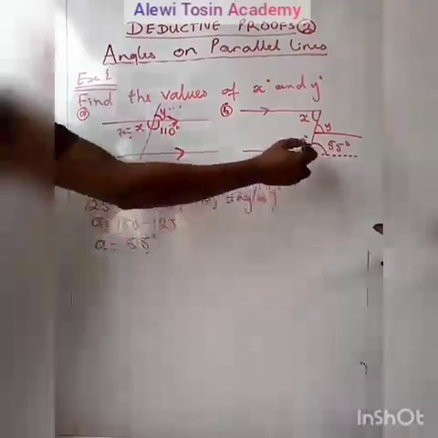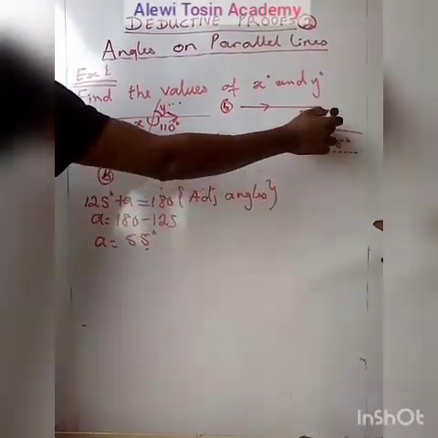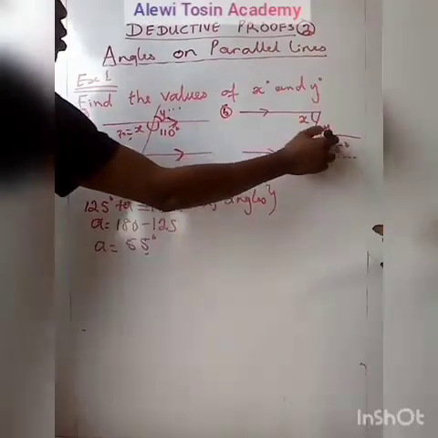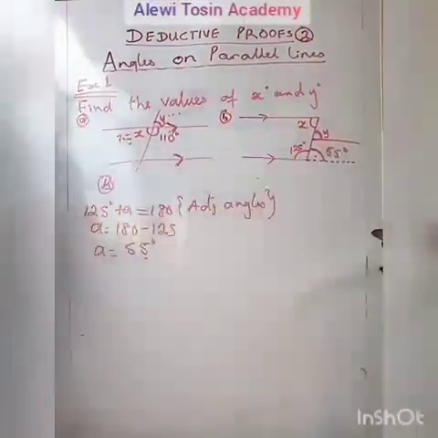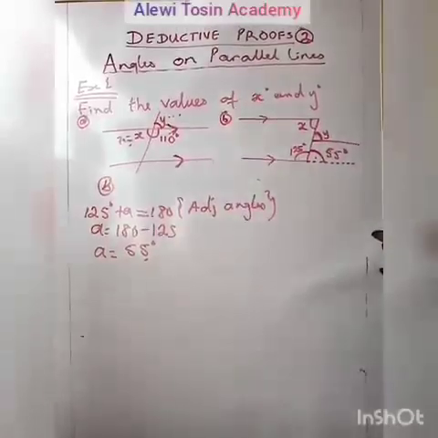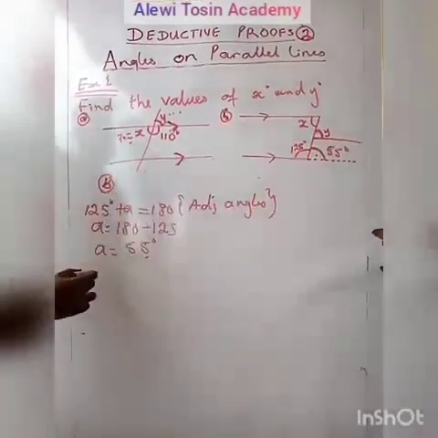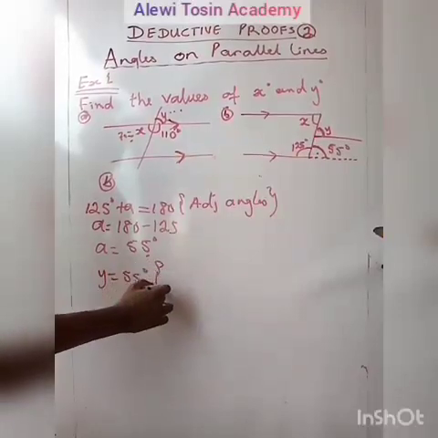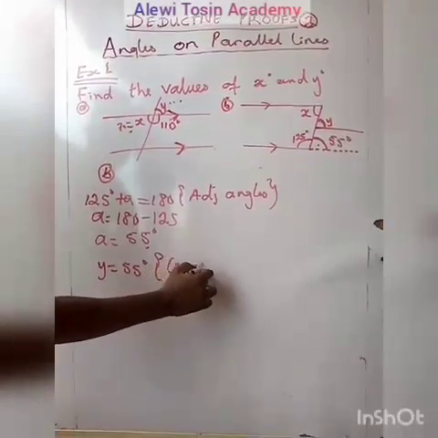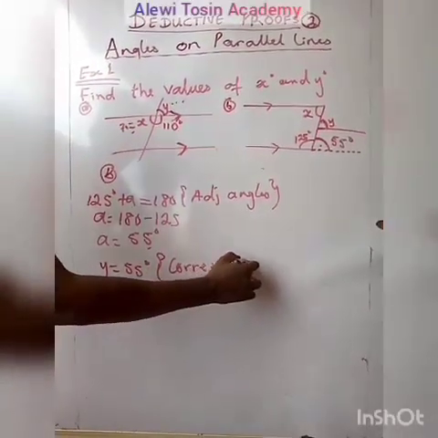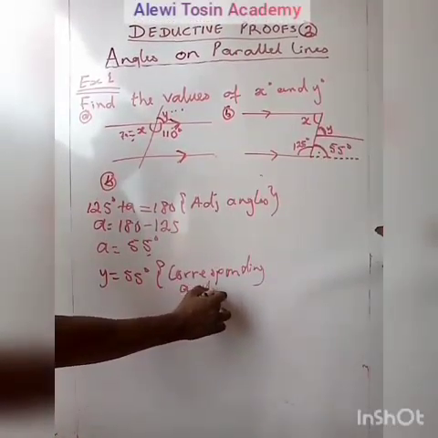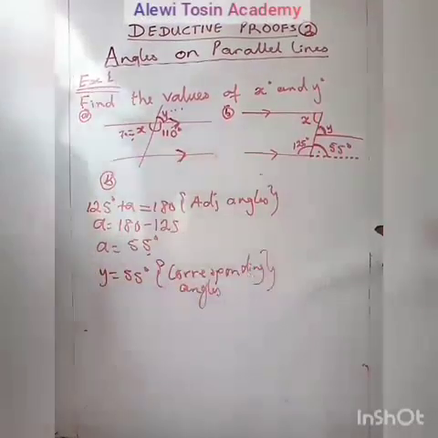This angle corresponds to this angle. We explained what corresponding angles are in our last video. So we can say that y equals 55 degrees. Reason: corresponding angles are equal.